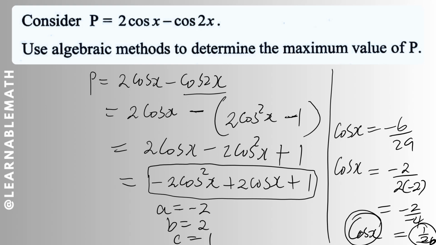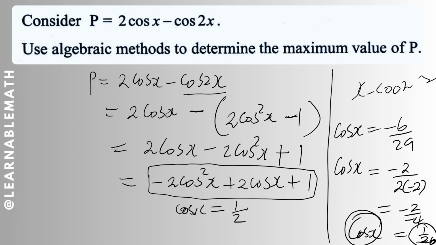So it means that now to get the maximum value of p, I'm coming to this expression and let cos x be equal to half, because that's where we get the turning point of this function. It's quite a different problem really.